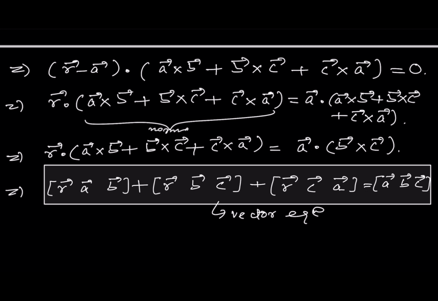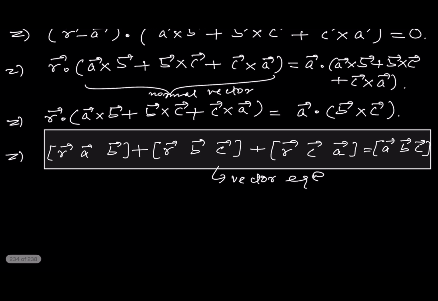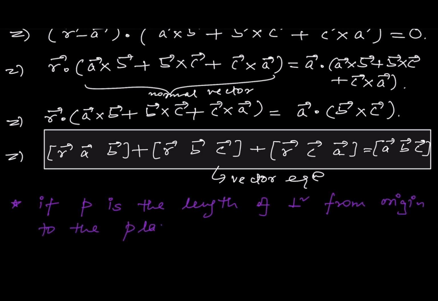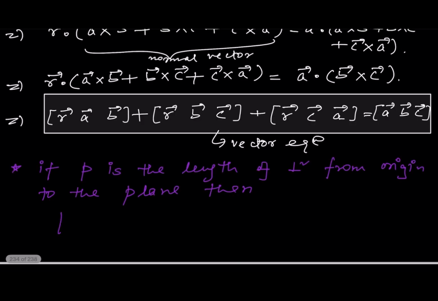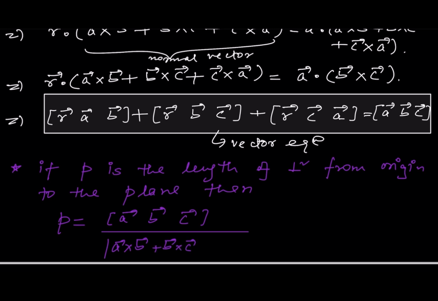So note that if P is the length of the perpendicular from the origin to the plane, then P is equal to box of ABC divided by mod of A cross B plus B cross C plus C cross A.